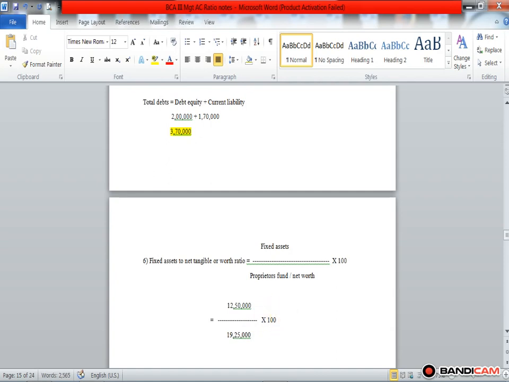Then we get the percentage of fixed assets to net tangible worth or proprietors fund is equal to 64.90%.